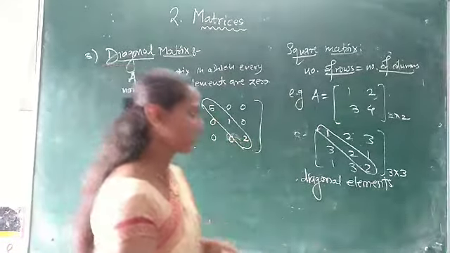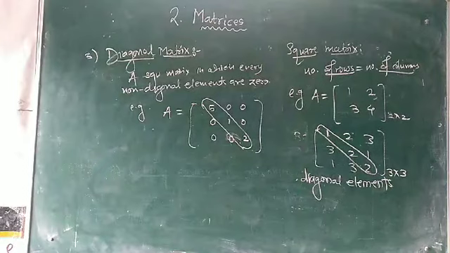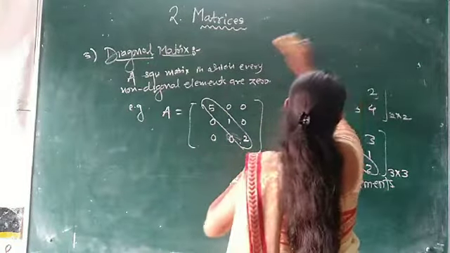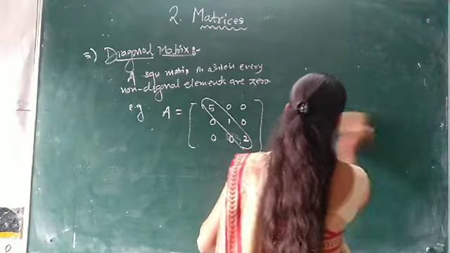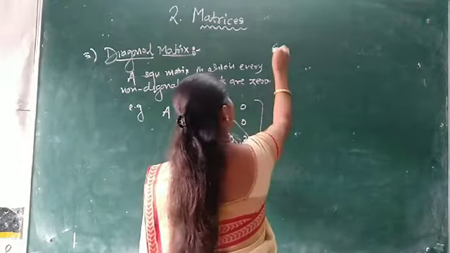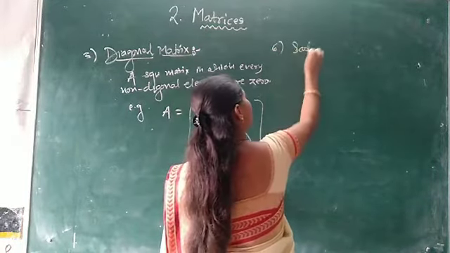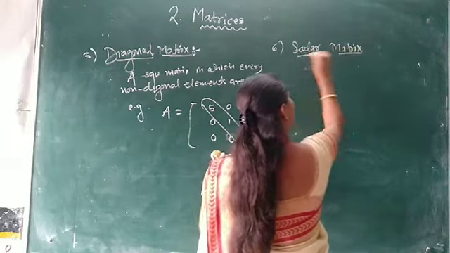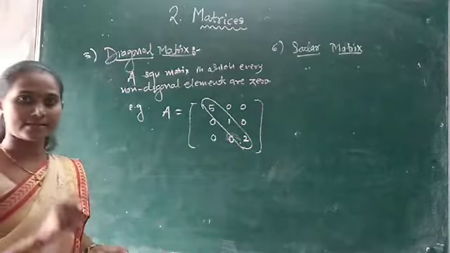Now the next matrix we are going to see is the scalar matrix. A scalar matrix is a diagonal matrix.